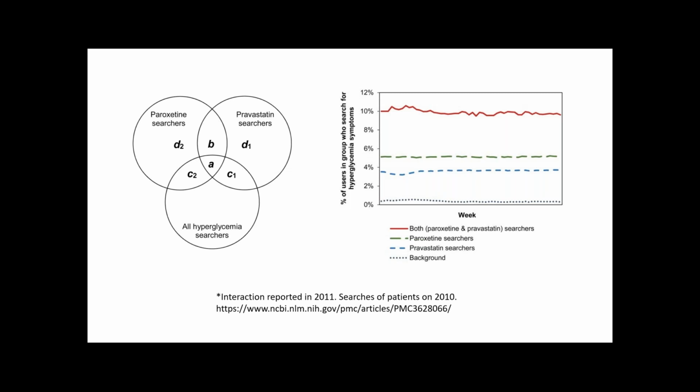So it suggests that there is some kind of signal in social media or patterns of use of the web from patients that can help us to identify some safety issues before we are even able to report those issues in traditional pharmacovigilance studies.